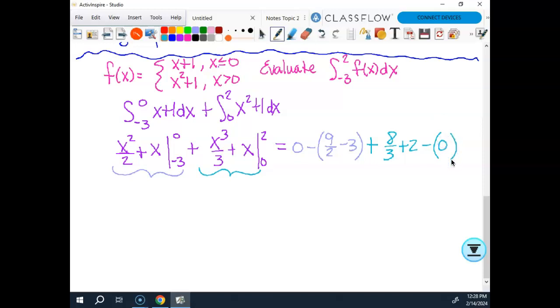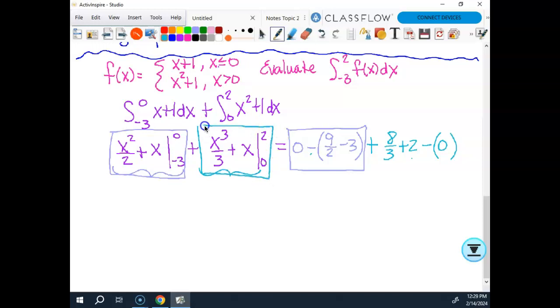What's the question? Where'd the minus come from? This is from the fundamental theorem of calculus, what we were doing on all the rest of them. So I did this part right here, and then this part right here, and I'm just adding them together because I'm basically doing 2 things in one. Right? We good with that?